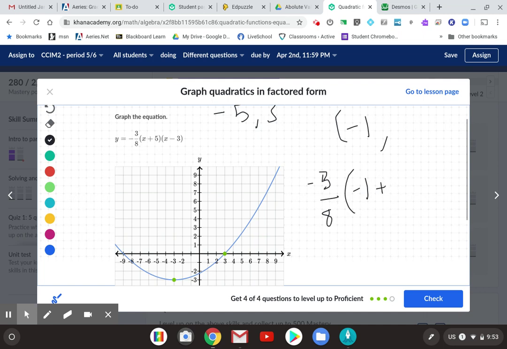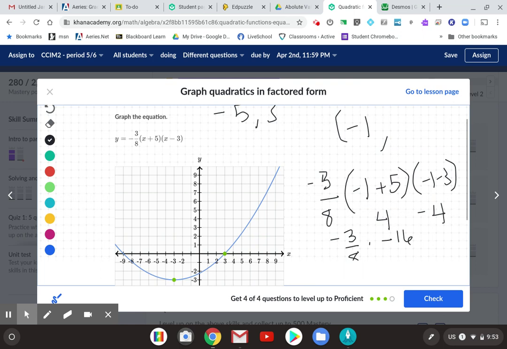Okay, -3/8 times -1 plus 5 times -1 minus 3. You can put it straight into a calculator if you want. We get 4 and -4, so 16. And this is where I would put it into the calculator, which I am going to do right now because I have my calculator out.